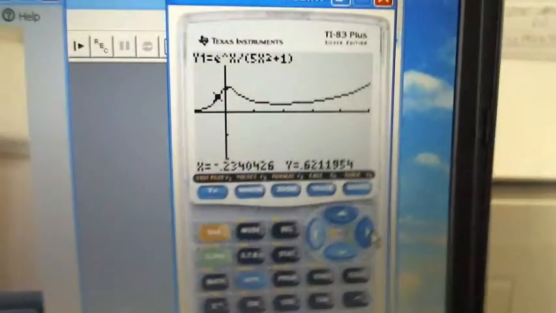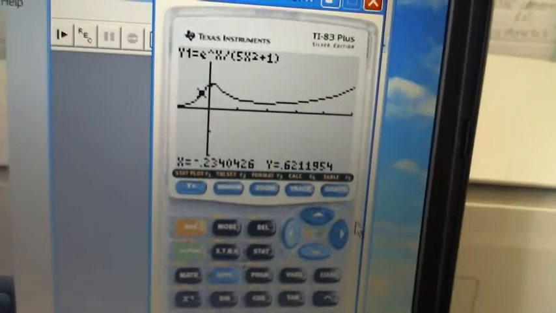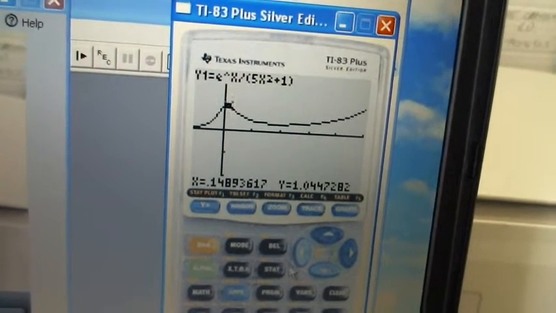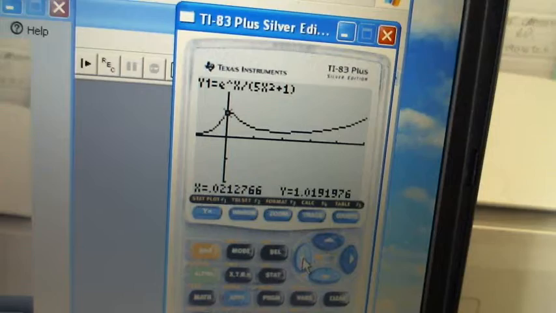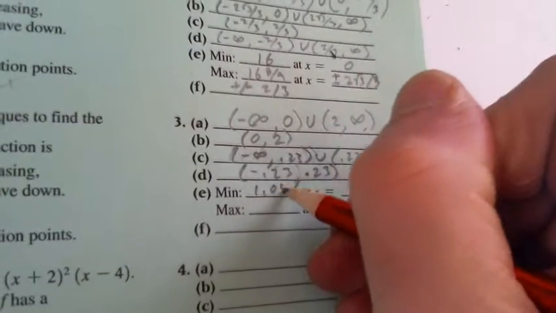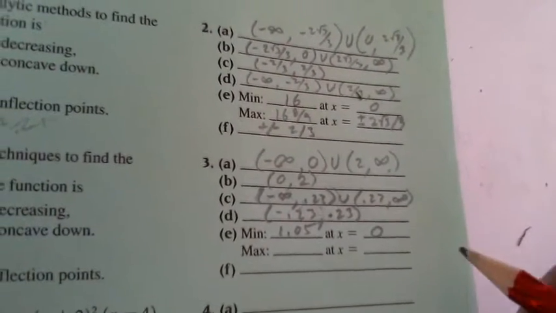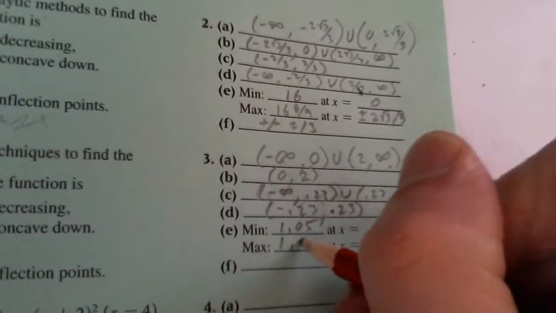Extreme value. Oops, there's a maximum at x equals 0, y equals 1.